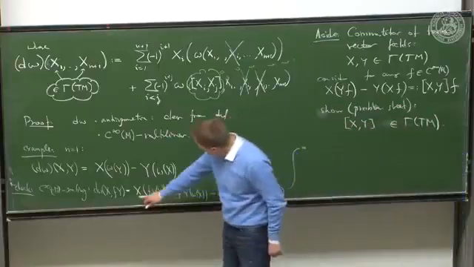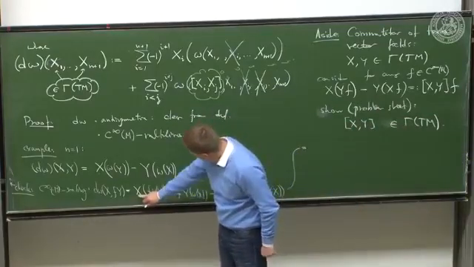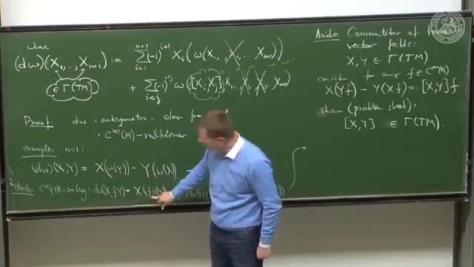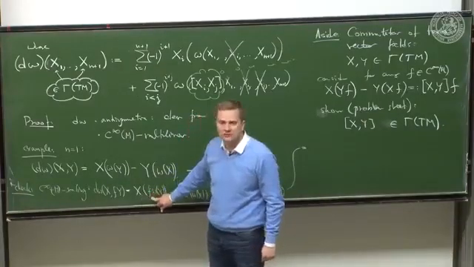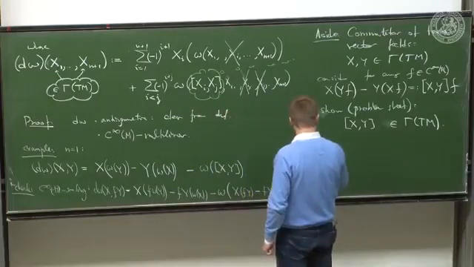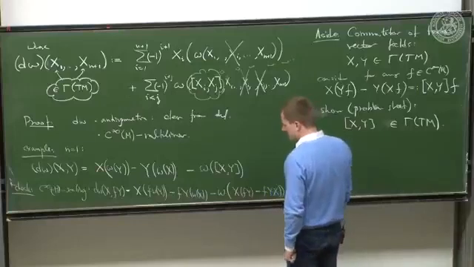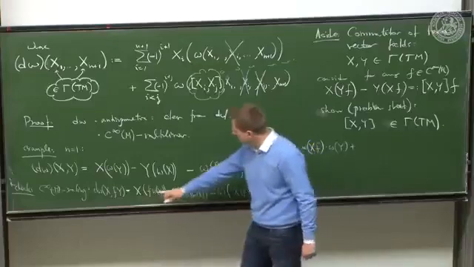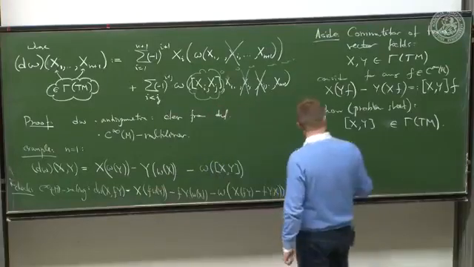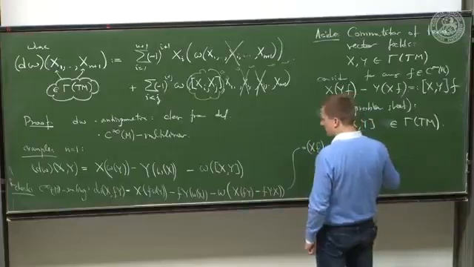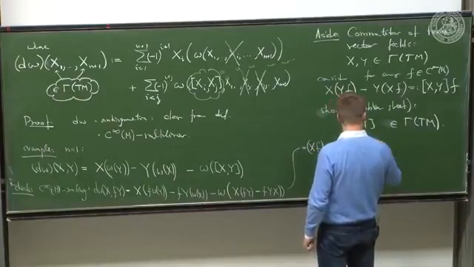So now the X is a vector field. It acts on this product of functions, but because it's a derivation, it acts by the product rule, by the Leibniz rule. So this is Xf times omega(Y). And there's a second term, namely it acts on the second factor, plus f times X acting on omega(Y).